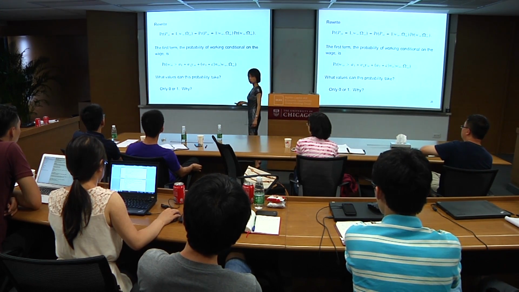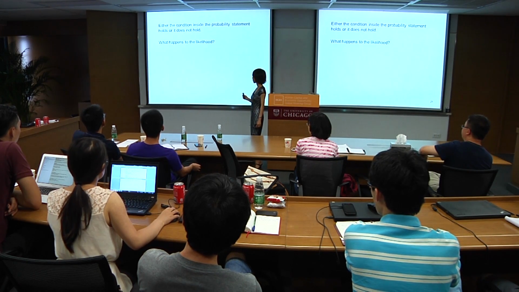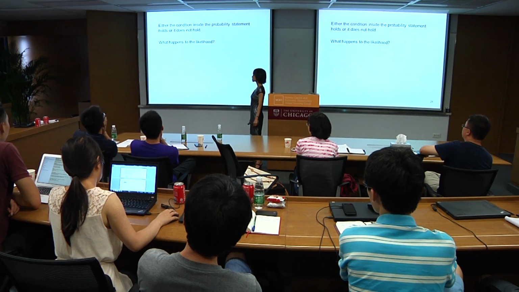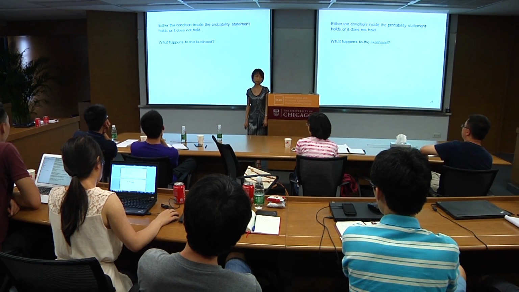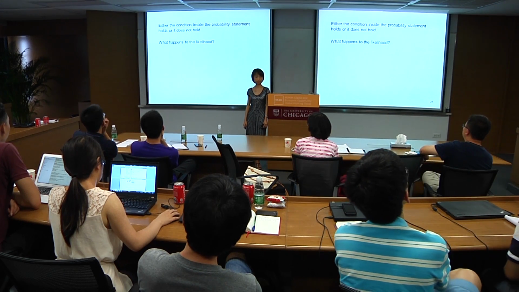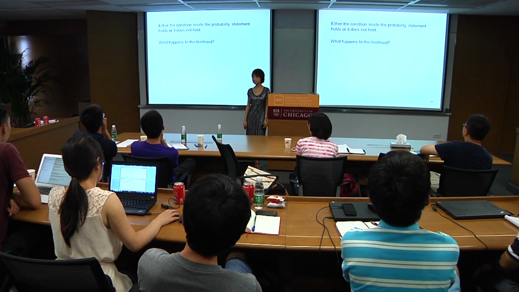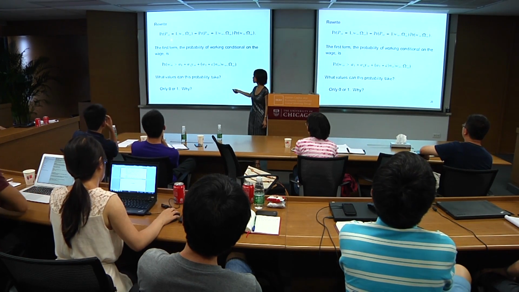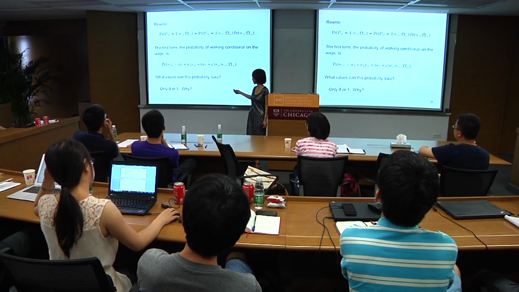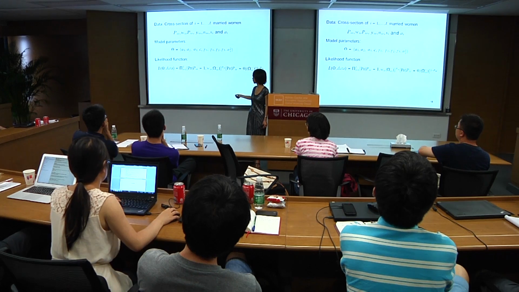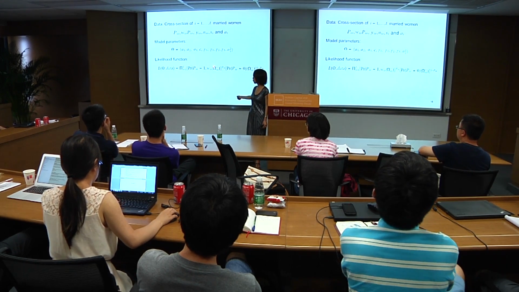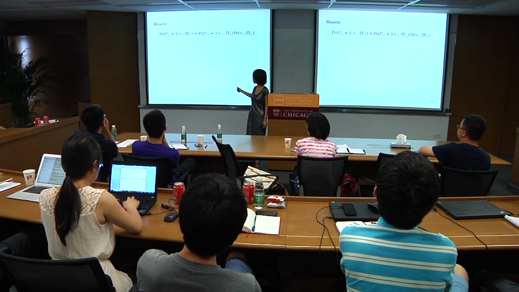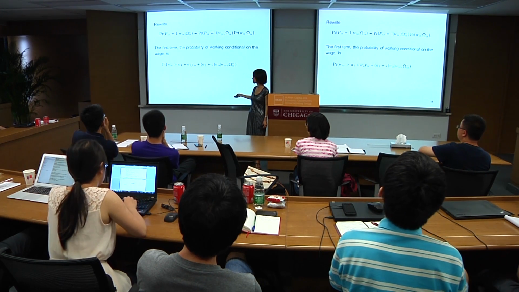So what's the consequence? Either the condition inside the probability statement holds or it doesn't hold. What would happen to the likelihood? Look at the likelihood. So the likelihood is basically this, and we take out one component of the likelihood, and it's this. And one component of this is either 0 or 1.